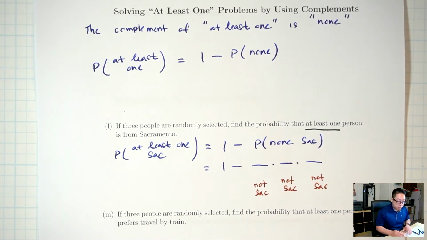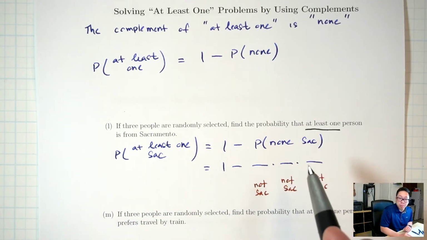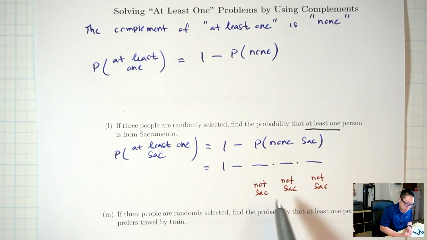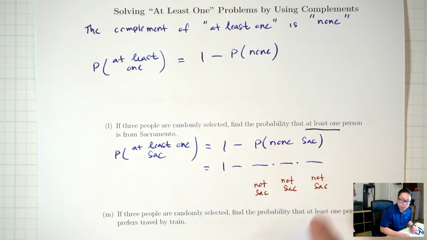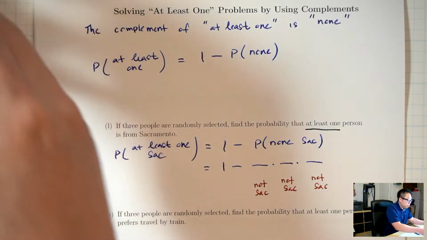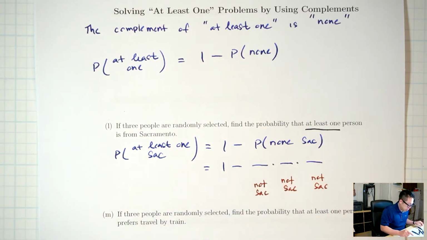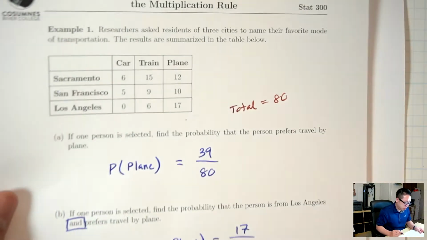Right? That's what it means for 3 people, none of them being from Sacramento. So it means not Sac, not Sac, not Sac. Okay, and so we're just going to find the fractions for not Sac, not Sac, not Sac. So the bottom, it's going to be everybody, and I think everybody is 80 for this table, right? 80.